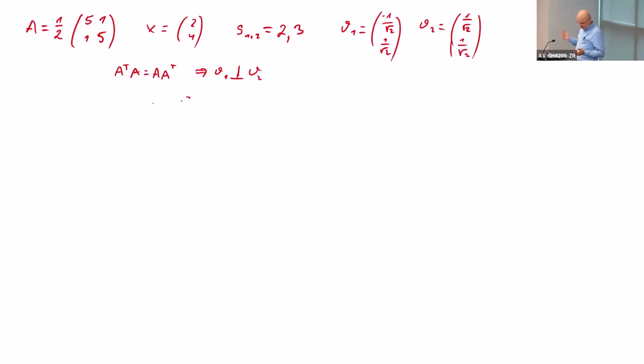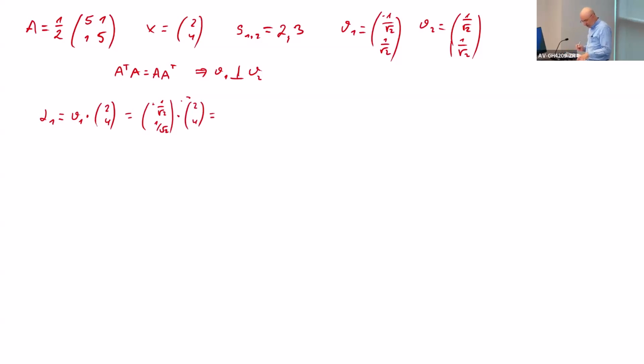Now, given that this is true, here's how I compute alpha 1. Alpha 1 is the projection: V1 dot product with (2, 4), which is my vector x. This is a projection, and V1 is normalized already. So it will be the dot product between (minus 1 divided by square root of 2, 1 divided by square root of 2) and (2, 4).